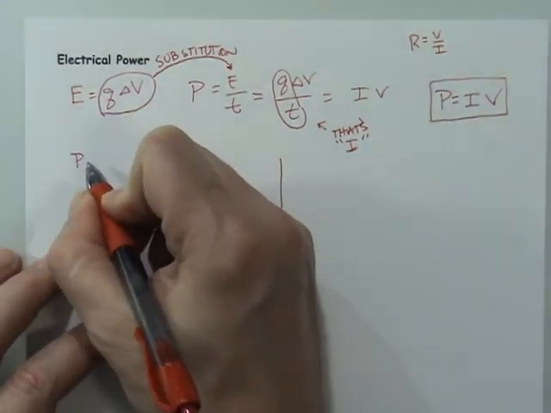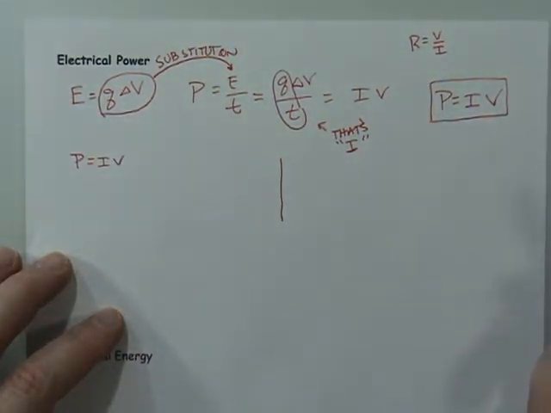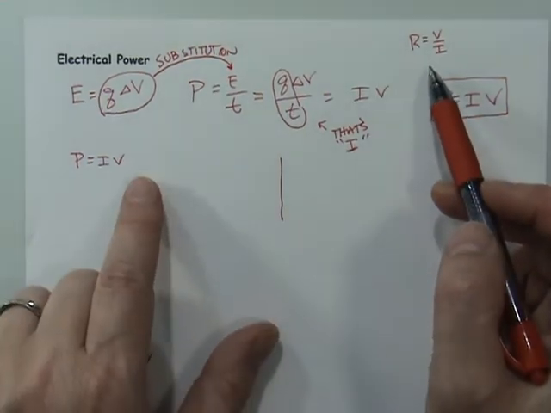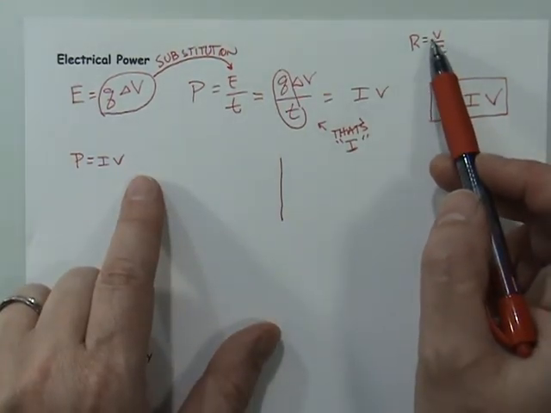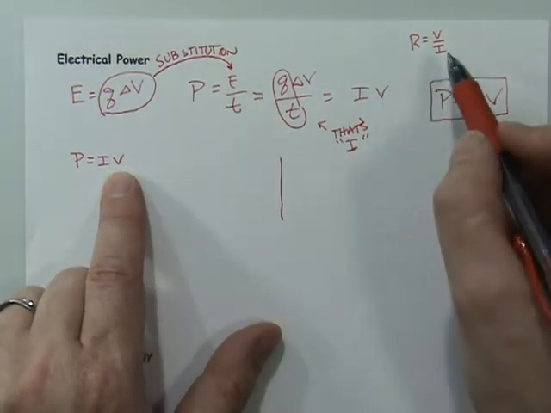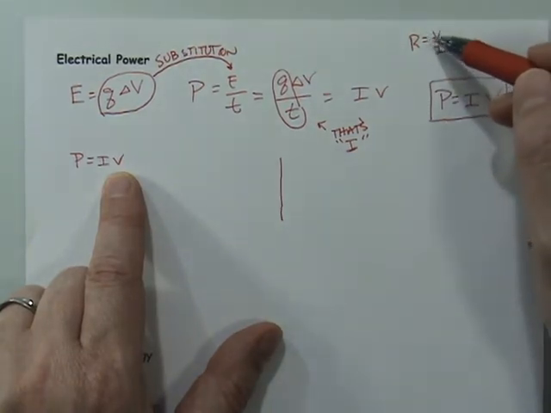And you'll see that we end up with several alternate versions, both of which will involve the variable R. So we're going to do it this way. P is equal to I times V, as we just established in the previous derivation. And I'm going to solve this. Let's do V first. I'm going to make a substitution in this equation, P is equal to I times V. I'm going to substitute V using this version of the equation. So I'm going to do a little bit of algebra here before I write this.